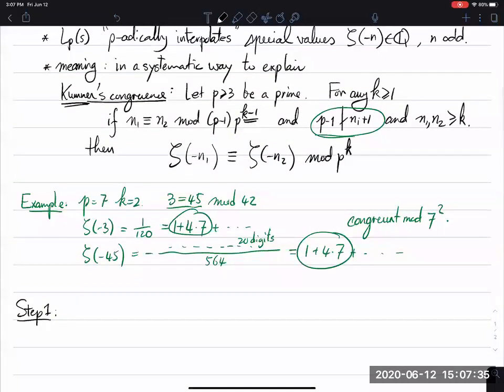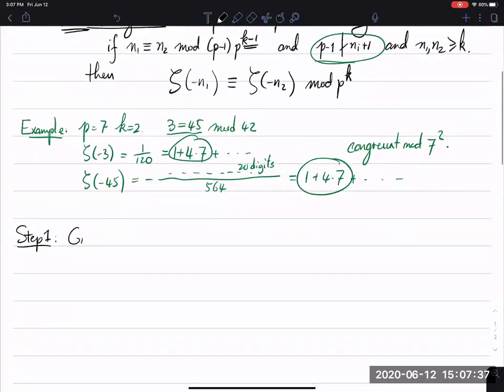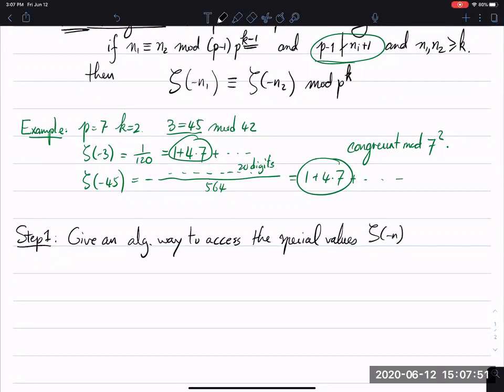The first step is basically to give an algebraic way to access the special value zeta of negative n. So this is related to the so-called Bernoulli numbers.